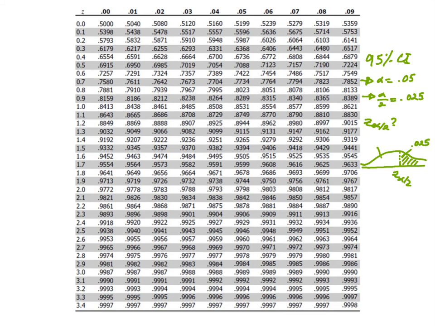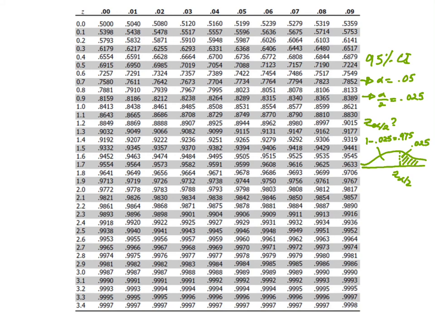We do that by taking 1 minus the area of the shaded part, which in this case gives you 0.975. So you want to go into the table, look for 0.975, and then trace it out horizontally and vertically to get the Z value.